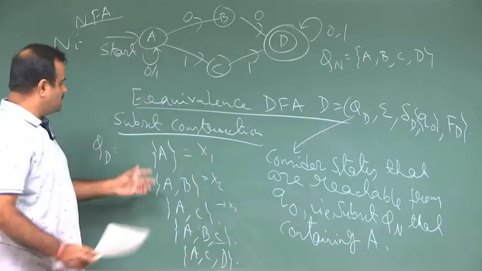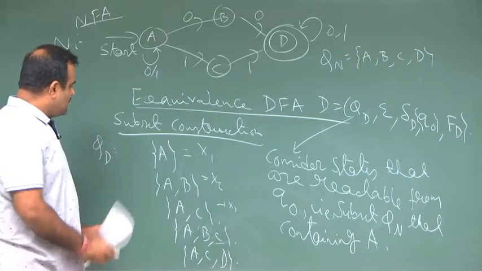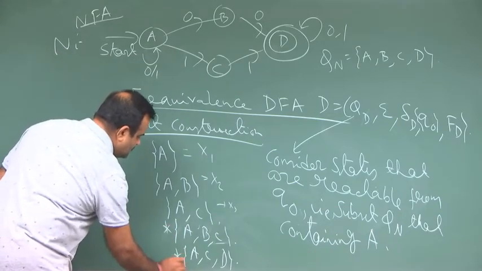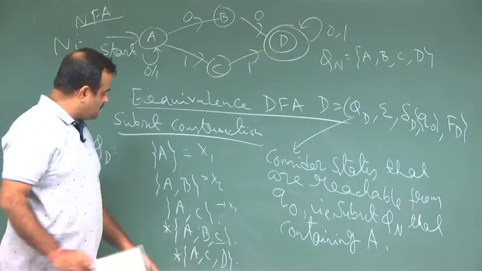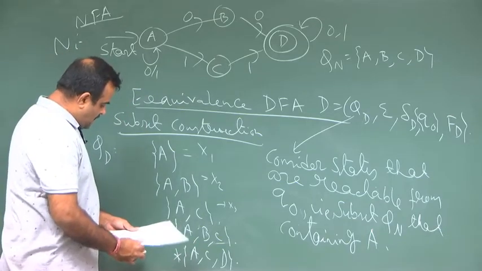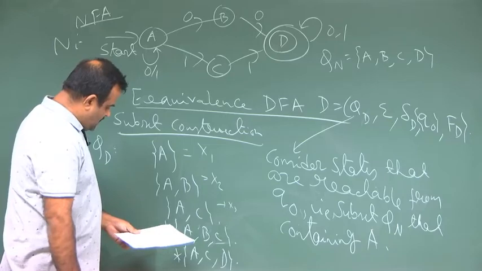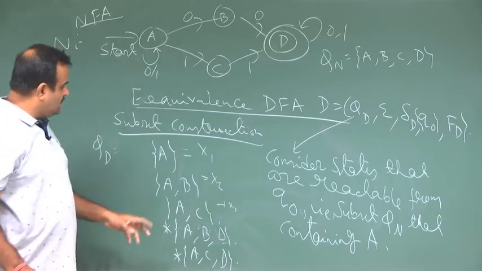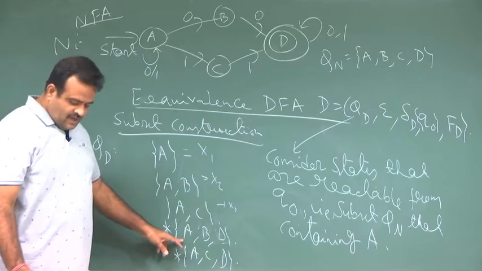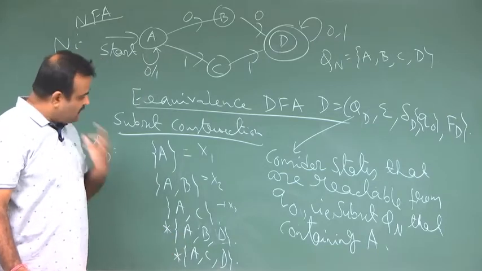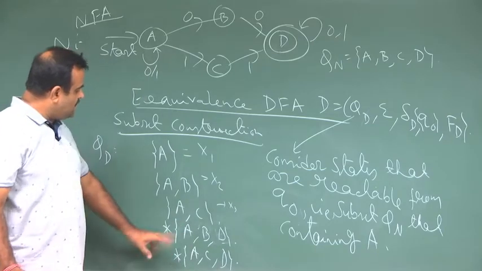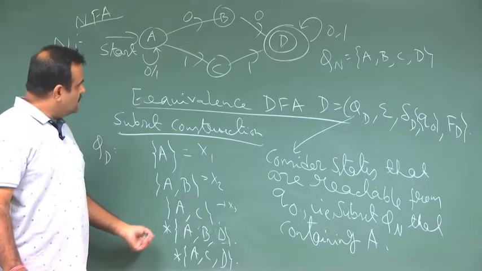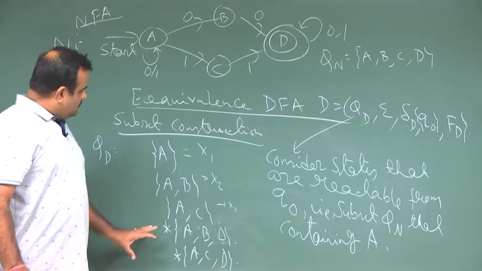So, there are 5 states in the new DFA, and among these two are final states, because these contain the final state D of QN. We consider only those subsets which are reachable from A. Okay, so these are the states.